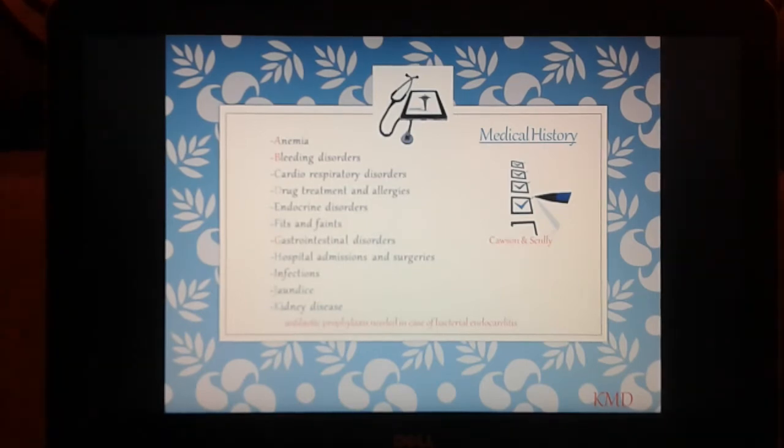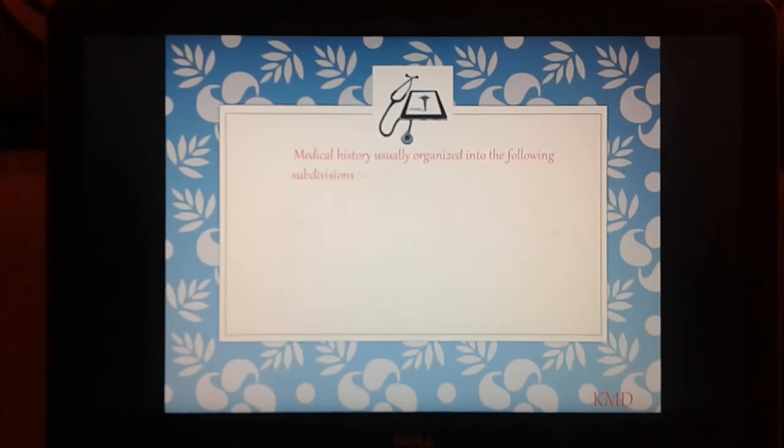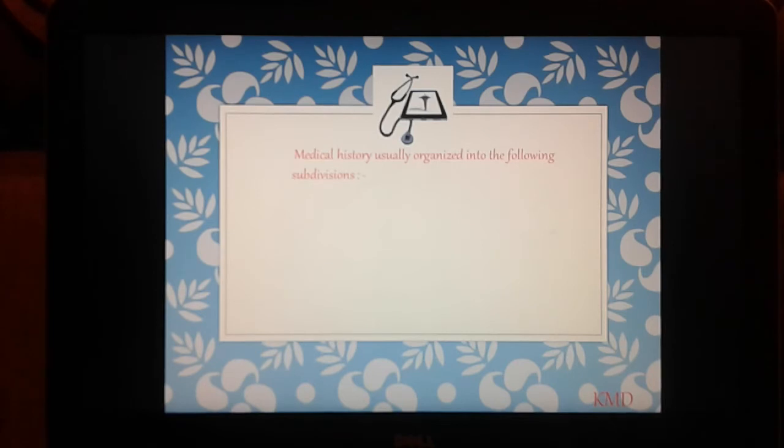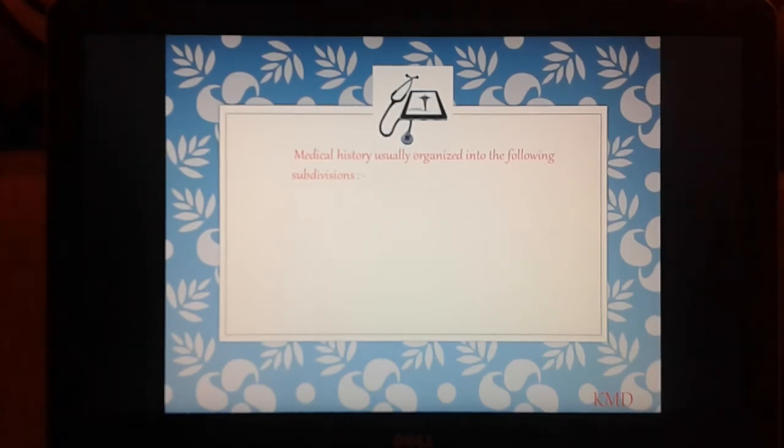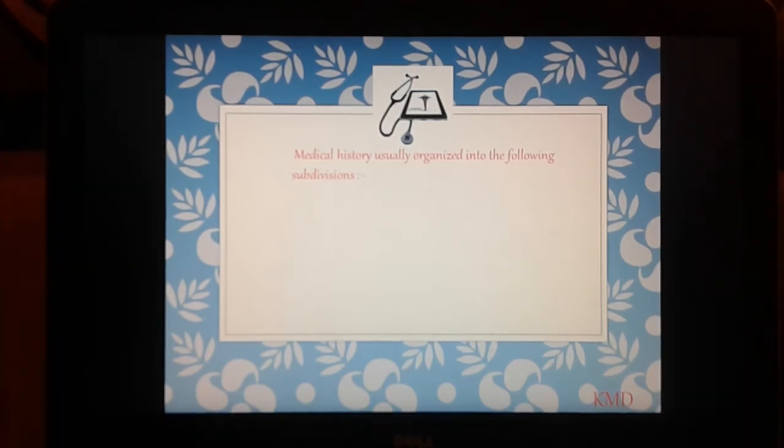Fortunately, the medical history is organized into the following subdivisions to avoid further confusions which have been created by a lot of people earlier.